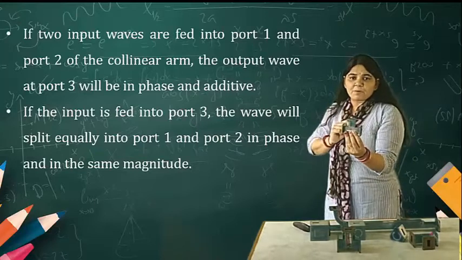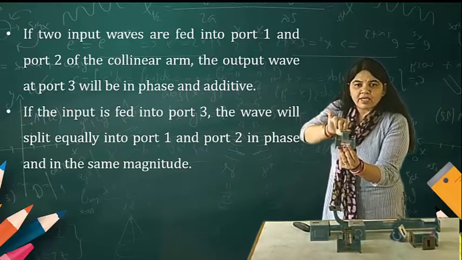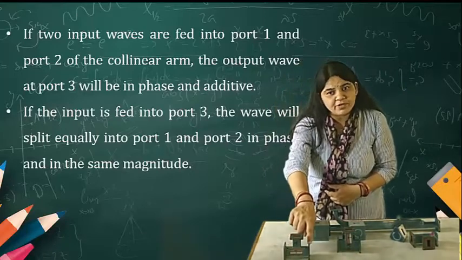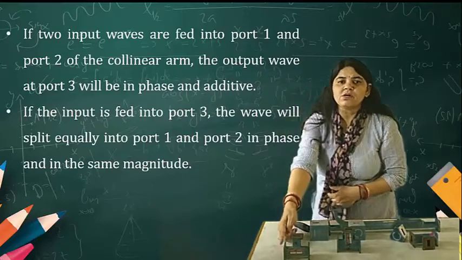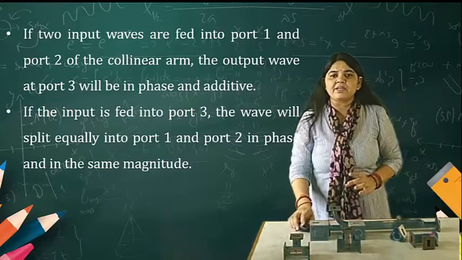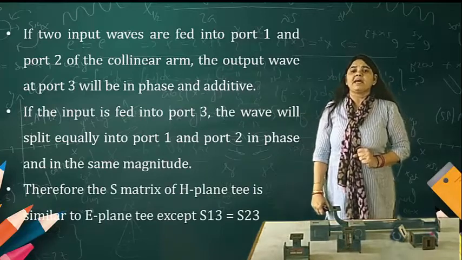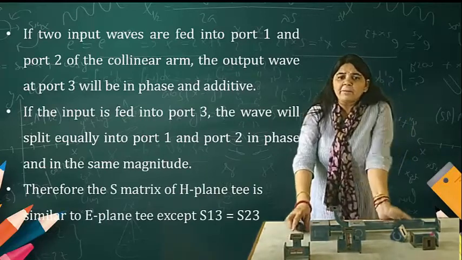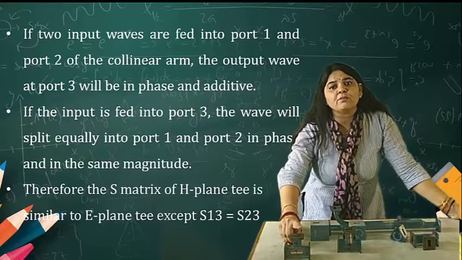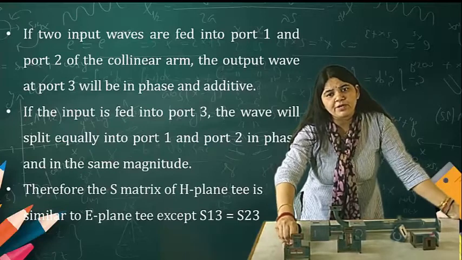But in the case of the H plane T, if you feed the input from port number 3, you have output at port number 1 and port number 2 that are in phase and have the same magnitude. This is what we have to use while deriving the S matrix. So, one S parameter relation we know is that if I apply the input at port number 3, the output at port number 1 and port number 2 is the same.